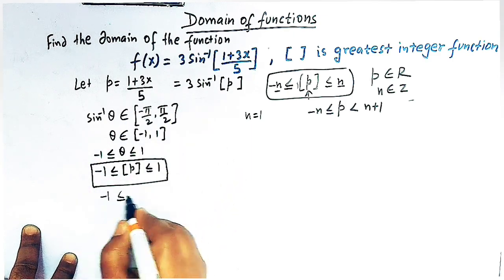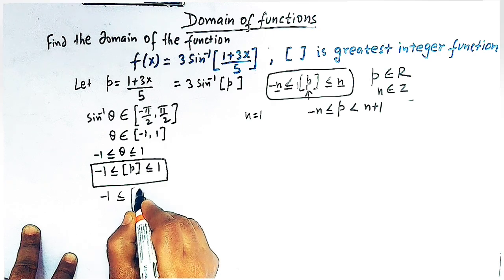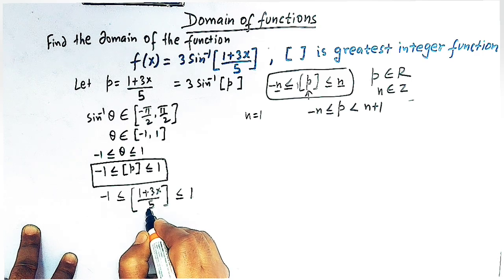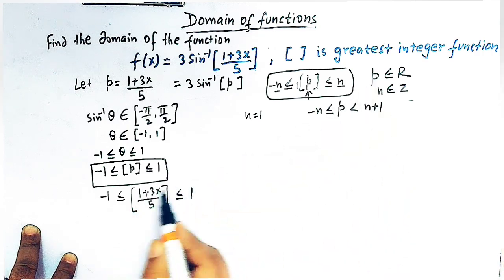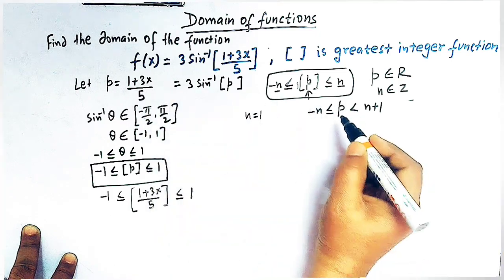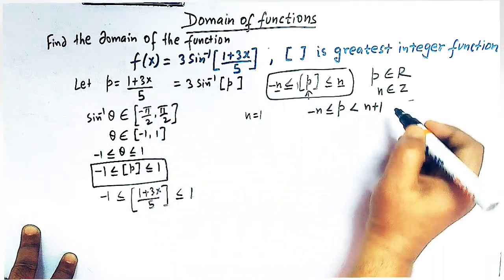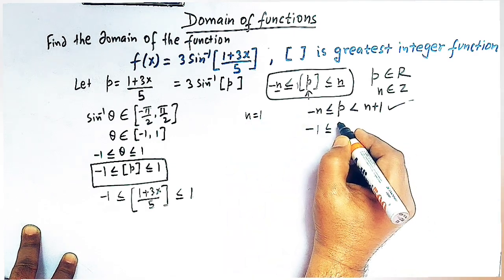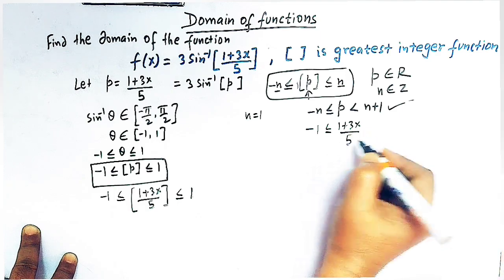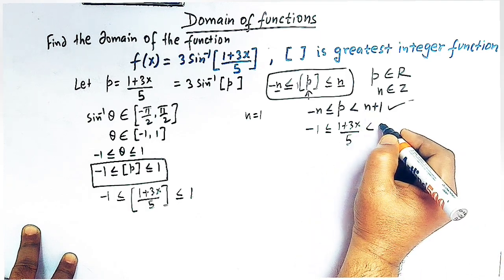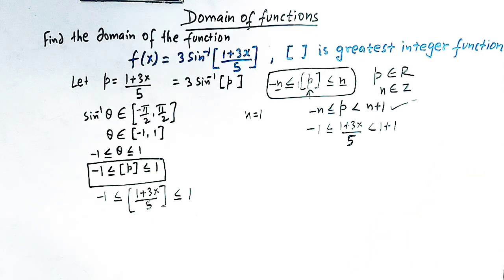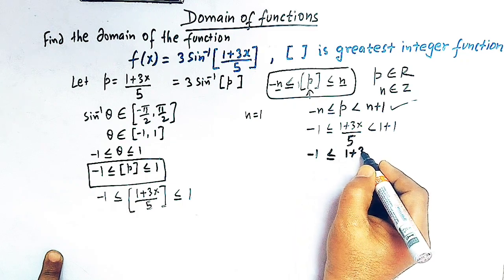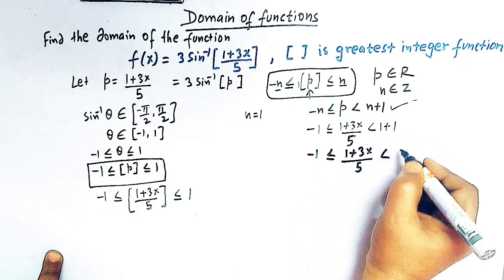Substituting the value of p in this inequality, we have minus 1 less than or equal to 1 plus 3x over 5, and here we have 1 plus 1, which is 2. So the inequality is minus 1, then 1 plus 3x over 5, then 2.